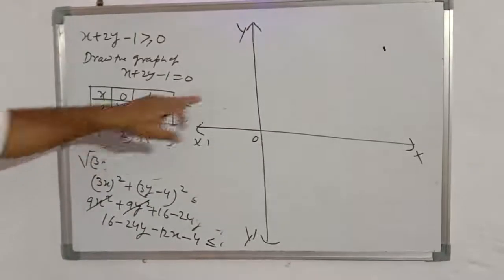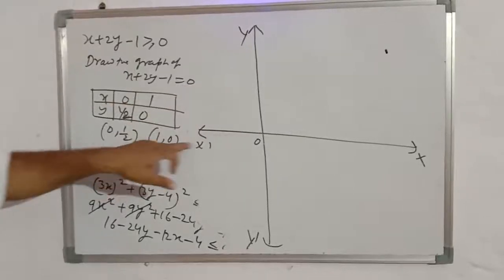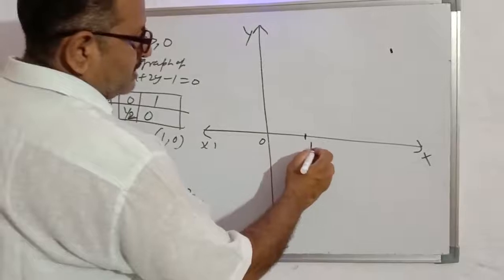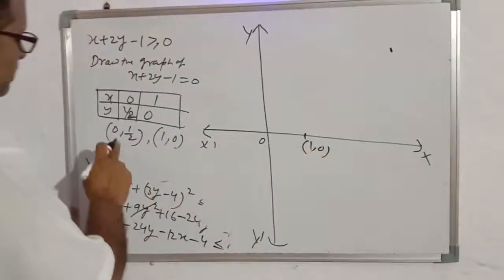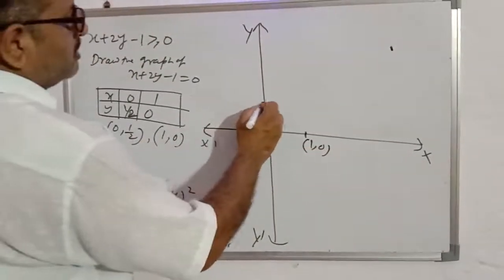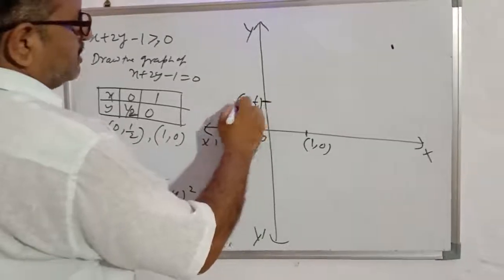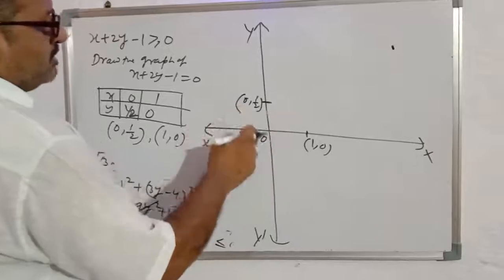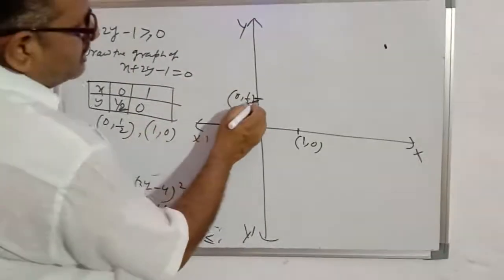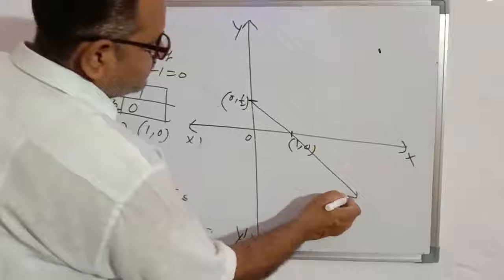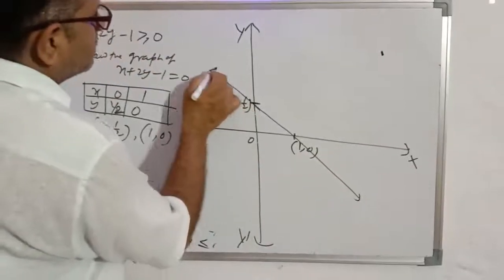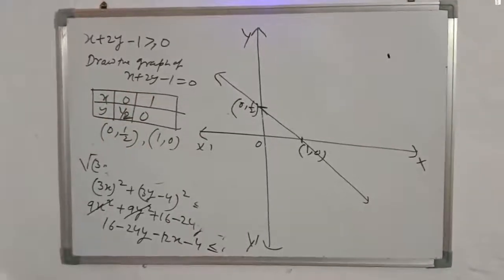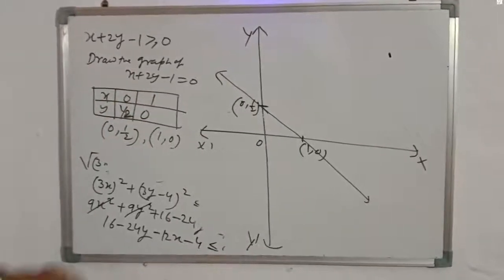The second component 0 means it lies on the x-axis, and the first component 0 means it lies on the y-axis. So the line is this one. This is the line of the equation x plus 2y minus 1 is equal to 0.